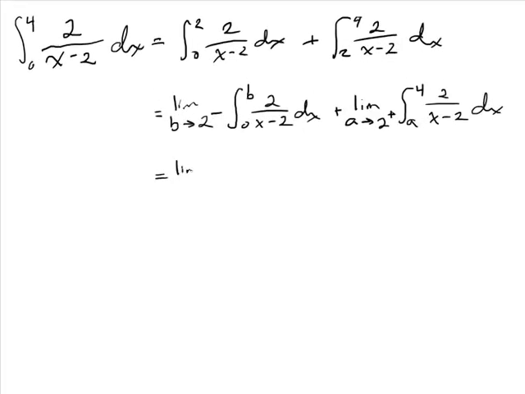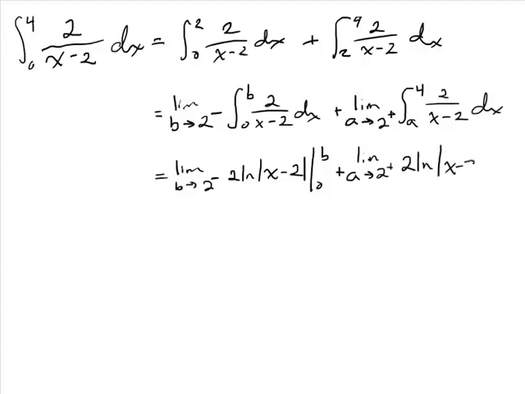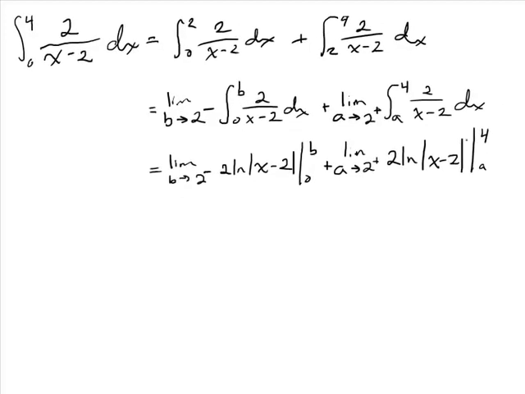Now we're going to take the antiderivative, and the antiderivative of this is 2 natural log of the absolute value of x minus 2, and that's going to go from 0 to b in this case. Limit as a goes to 2 from the right, 2 natural log of the absolute value of x minus 2, and this is going to go from a to 4.